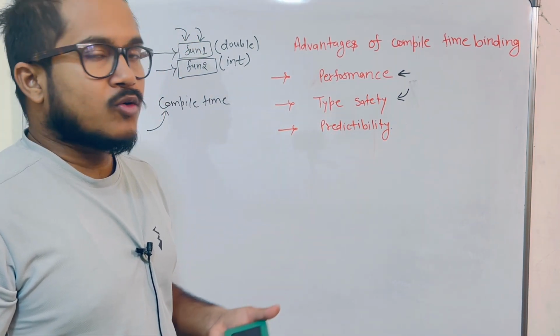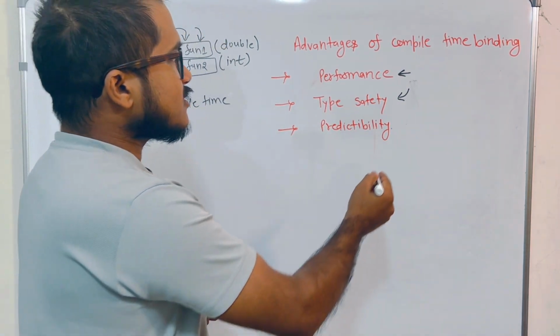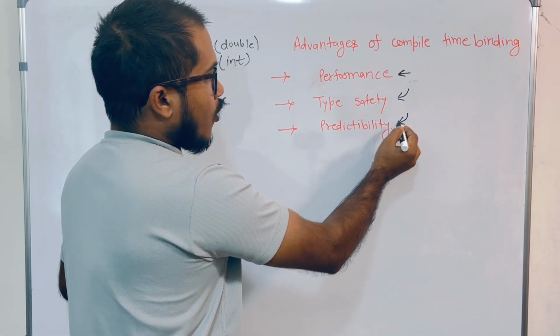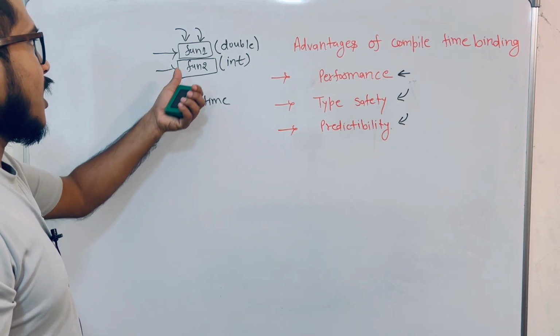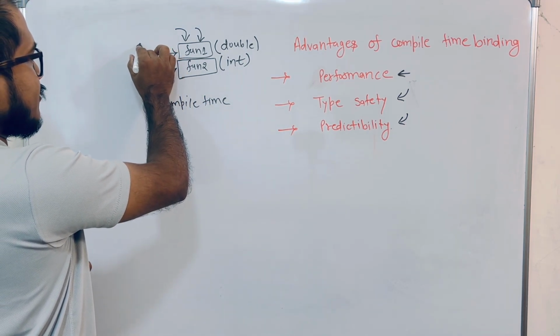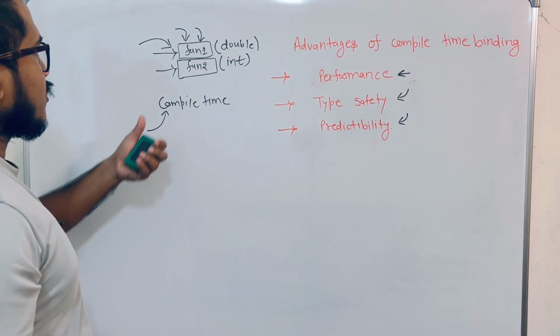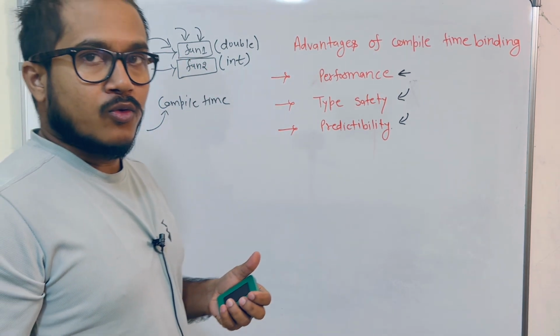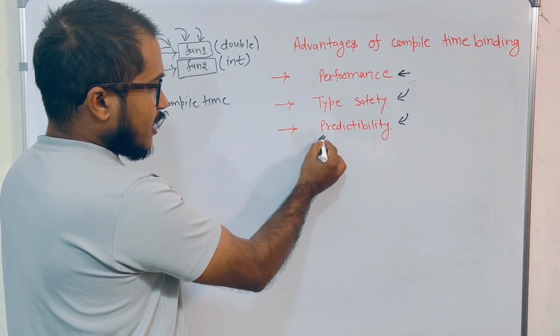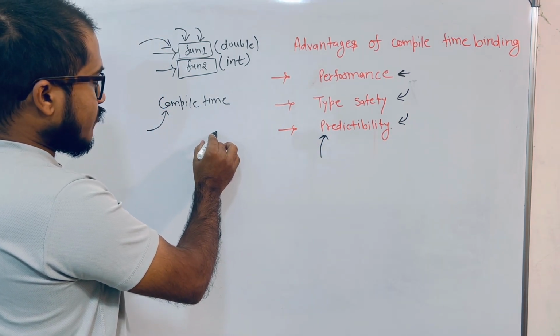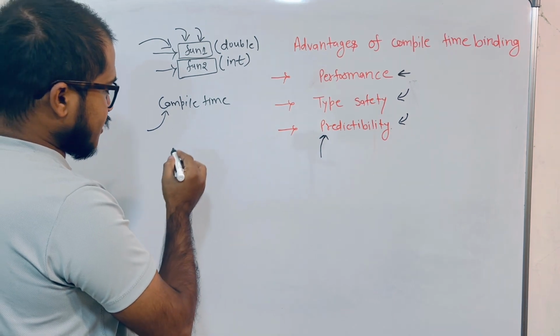Now if I talk about the third point, then this is predictability. So what is the meaning of this? Because in case of compile time binding, I am able to decide at the compile time itself what will be the flow of my code during the runtime. So at the compile time itself, I can figure out the behavior of my system.